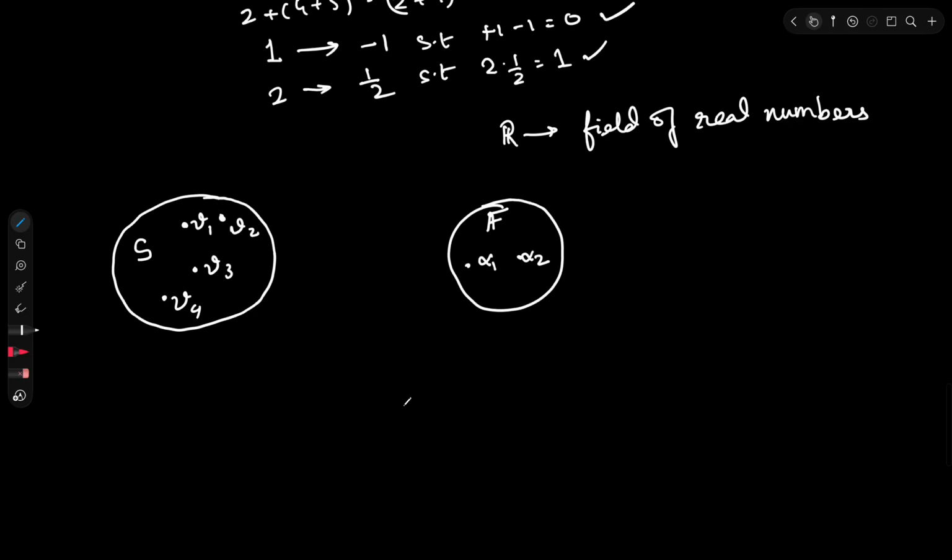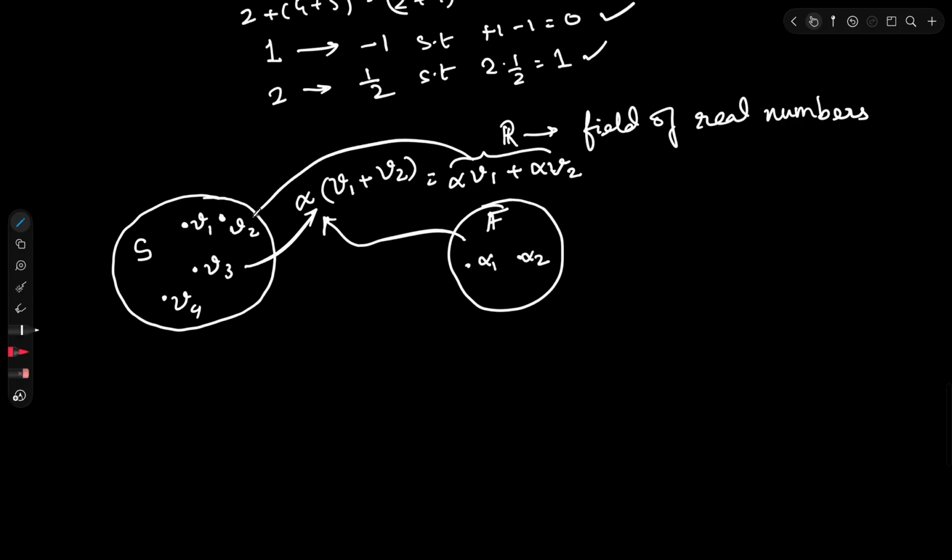If we take the values v1 and v2 from the set and add them, v1 plus v2, and we take alpha from the field, it can be alpha 1 or alpha 2, in general alpha, then alpha times (v1 plus v2) is alpha v1 plus alpha v2. Now if this thing itself belongs to that same set, then it is something.